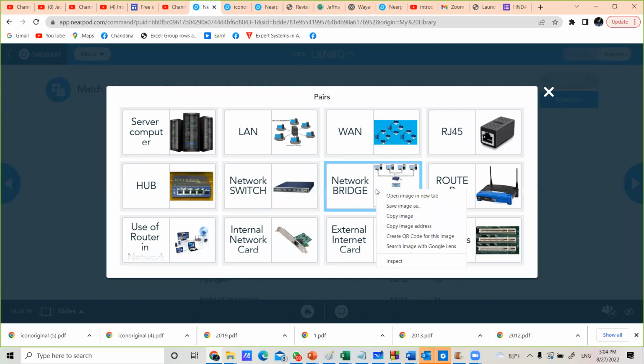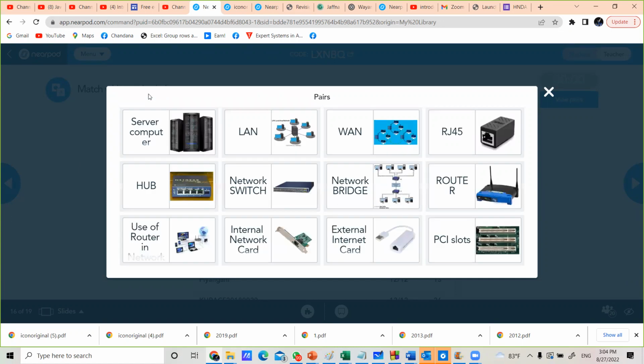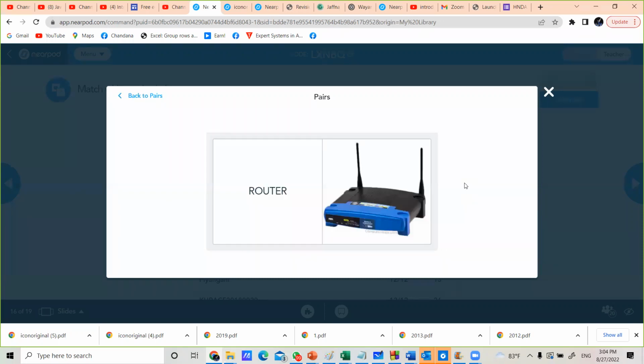Next one, network bridge. A bridge you can use to connect two networks. This is a router, a small type of router, normally a home router. This type of router you can find in the home.